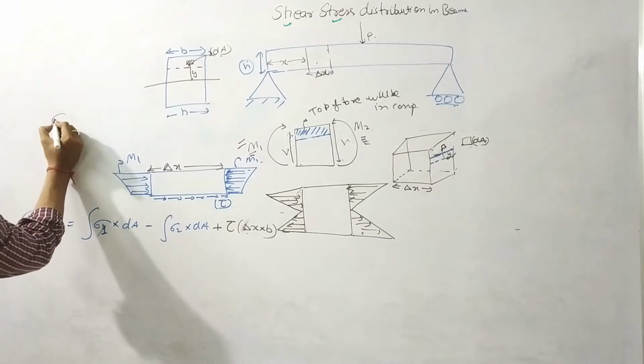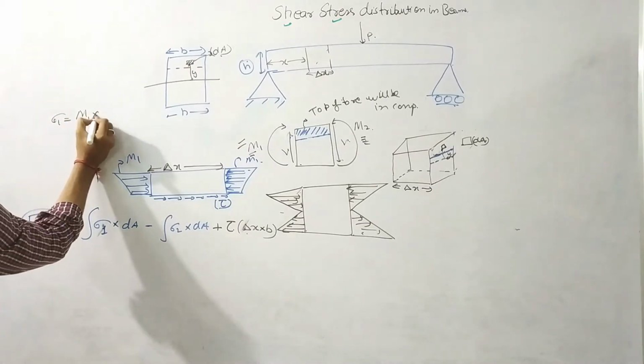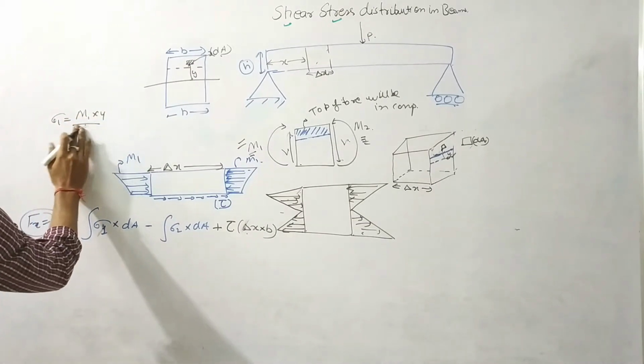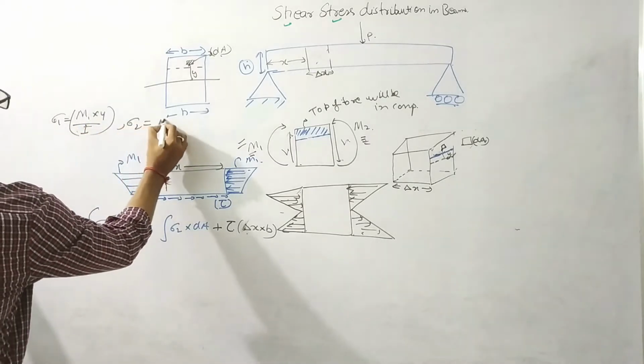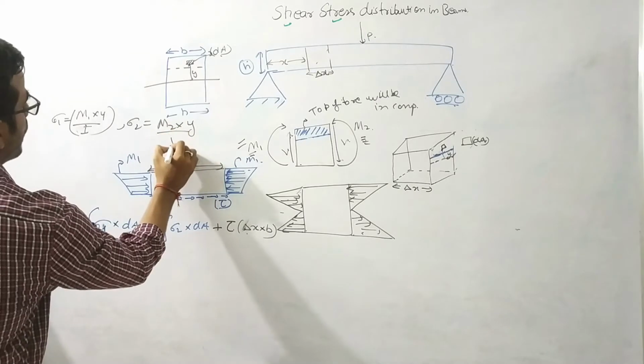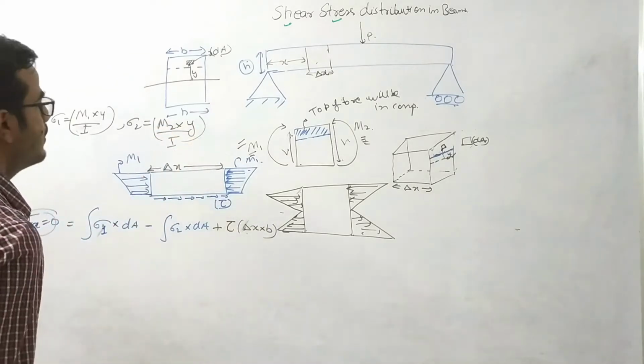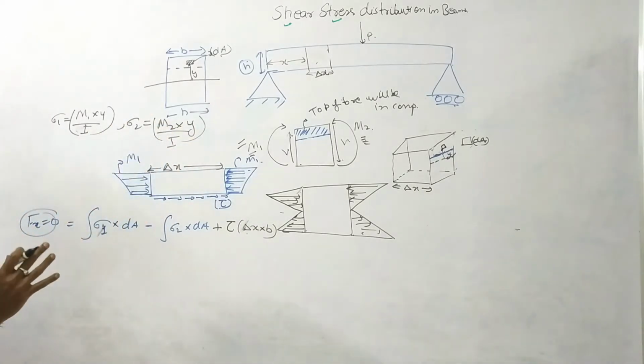Now sigma 1 I can write as M1 into y over I, and sigma 2 will be M2 into y over I. Y will be the same.